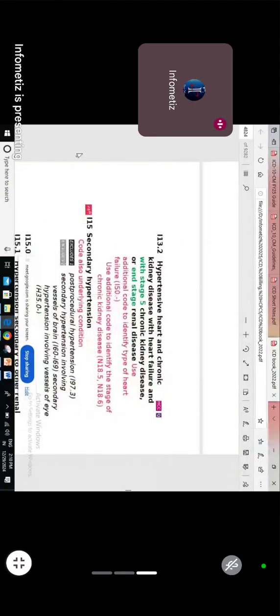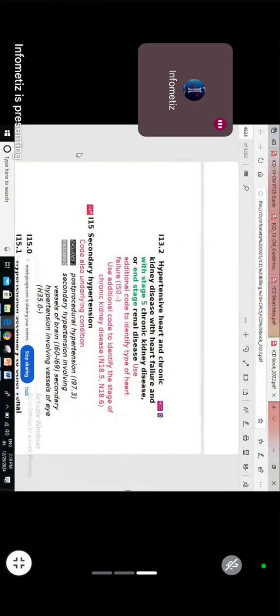Similarly, I13.2 is the combination of I11.0, hypertension with heart failure, and I12.0, hypertension with CKD stage 5 or 6.